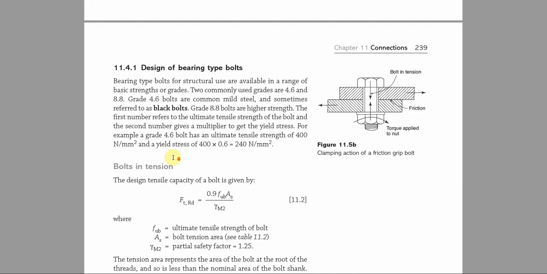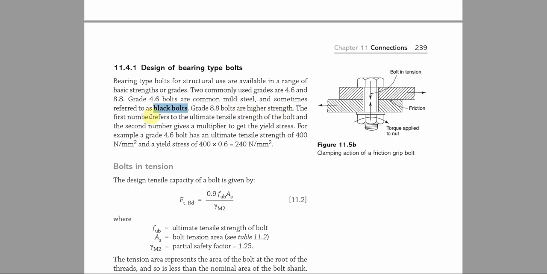Now let us look at bearing type bolts. Bearing type bolts for structural use are available in a large range of sizes, strengths, or grades. The commonly used grades are 4.6 and 8.8. The grade 4.6 are common mild steel bolts, sometimes referred to as black bolts, while the grade 8.8 are higher in strength.